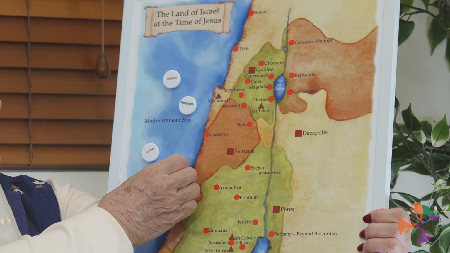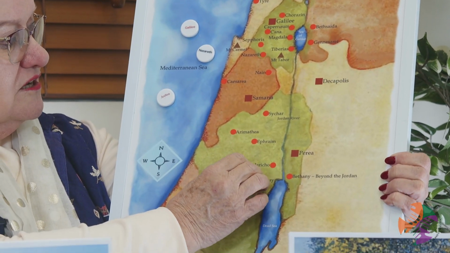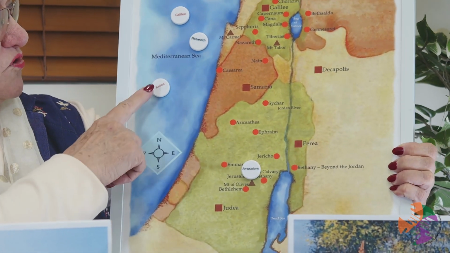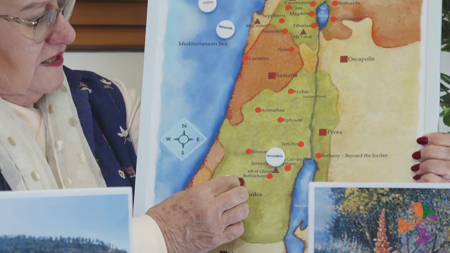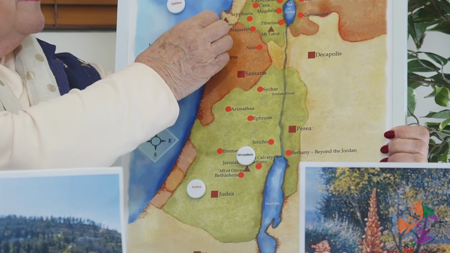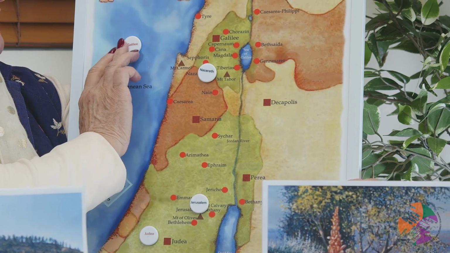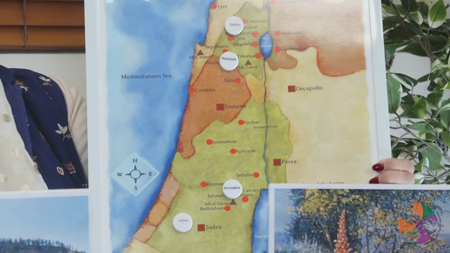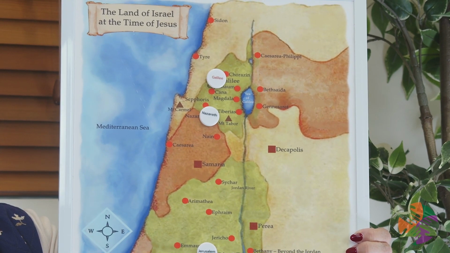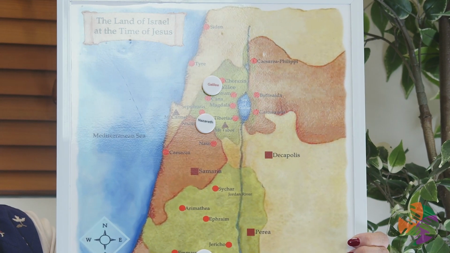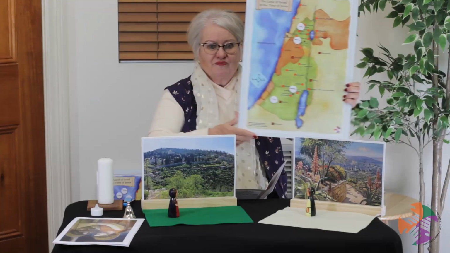So we just have the Jerusalem indicator magnet. We can talk about that. It's in the region of Judea. And Mary has come all the way from Nazareth, and that is in Galilee. So the children will enjoy working with that too, and you show them that at the beginning to put the situation in its place.